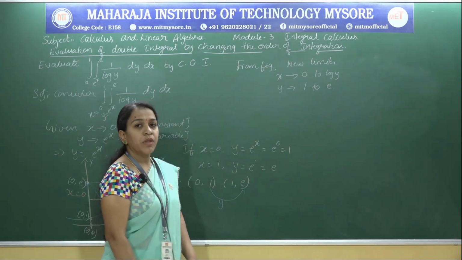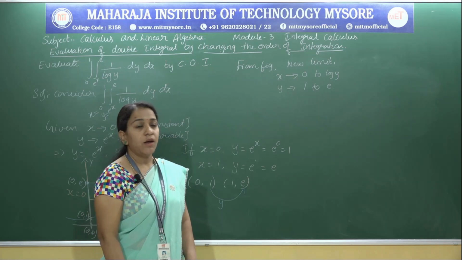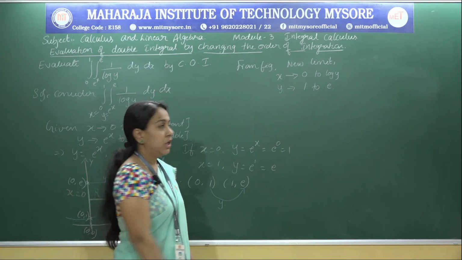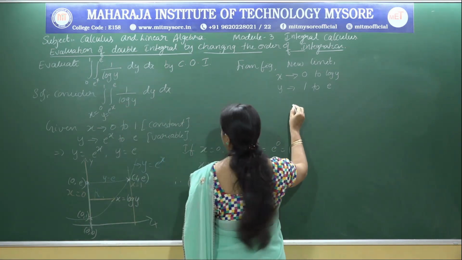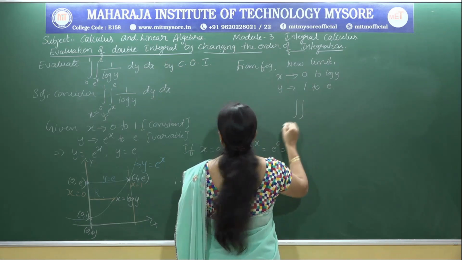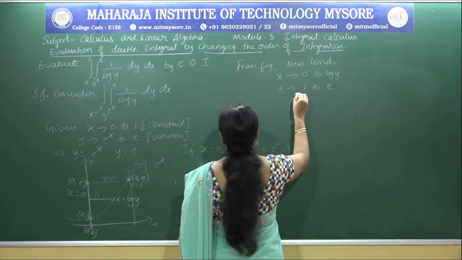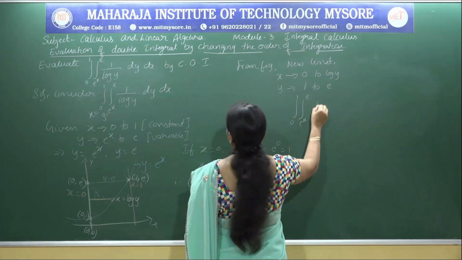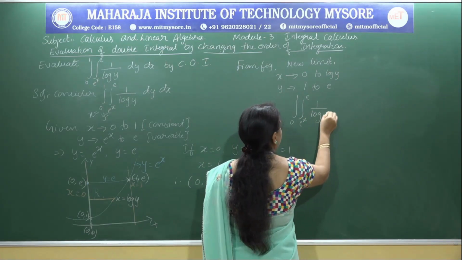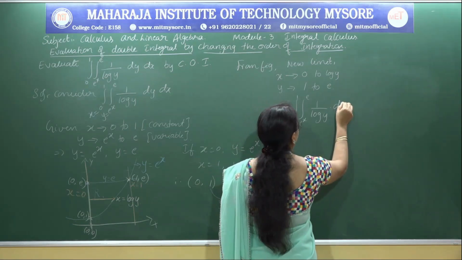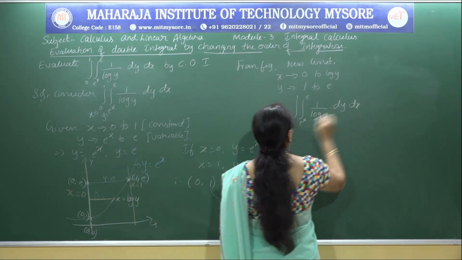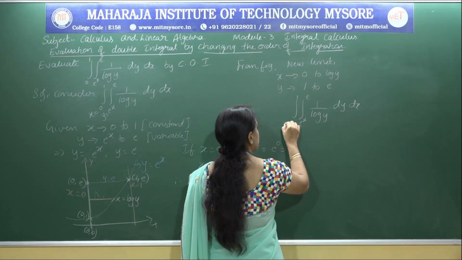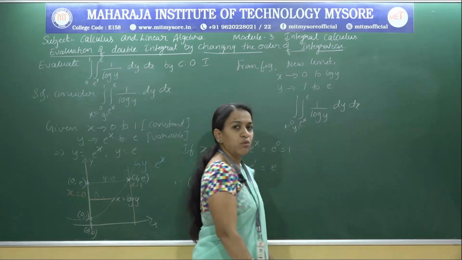X varies from 0 to log y and y varies from 1 to e. Therefore, consider the given double integral, 0 to 1 and e power x to e, 1 by log y dy dx, where y varies from e power x to e and x varies from 0 to 1.